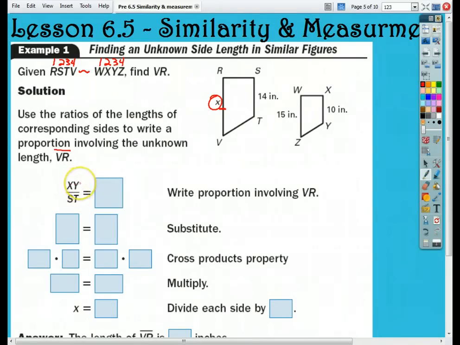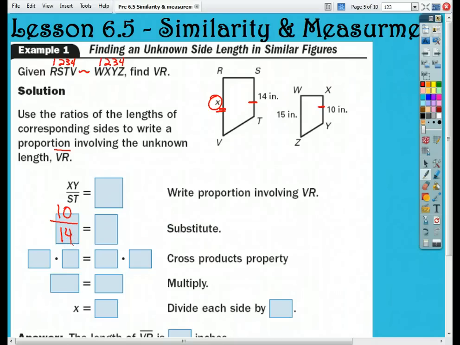Now what they have us doing here, they have us comparing XY. Where's XY? Over here. Okay, so what is XY? That is how many? That's 10 over, what is ST? 14. ST, they're saying those are similar. Okay, so over 14.